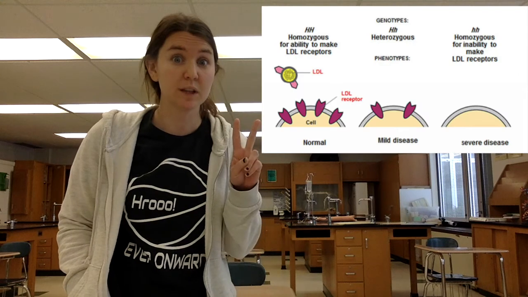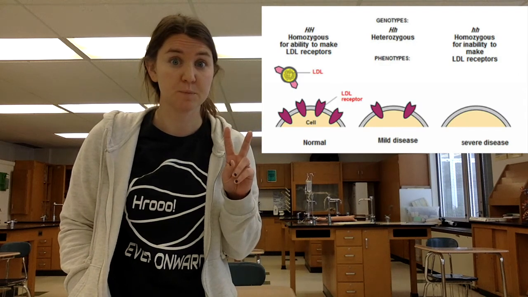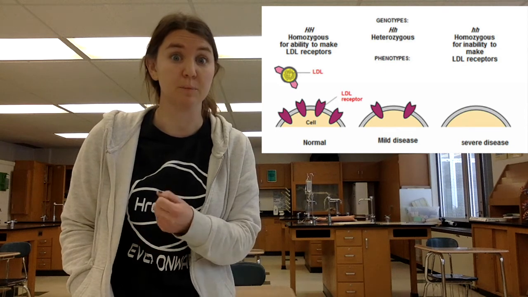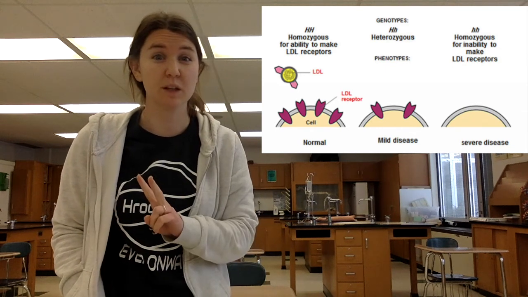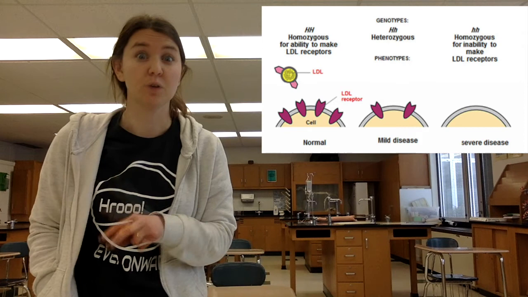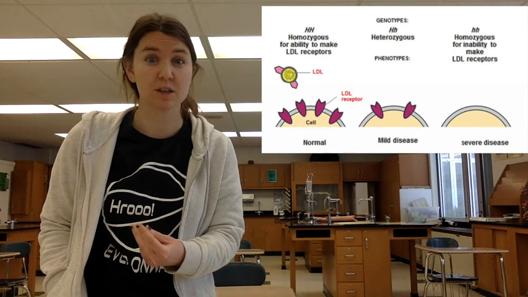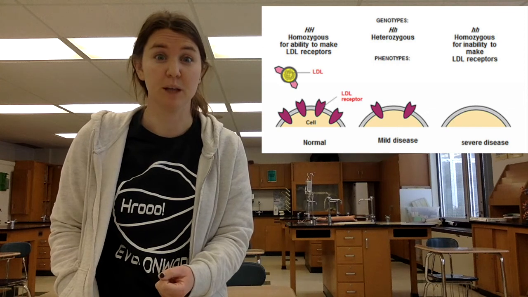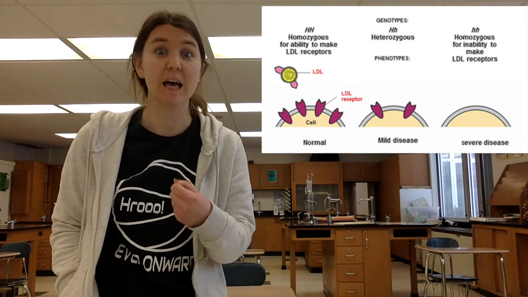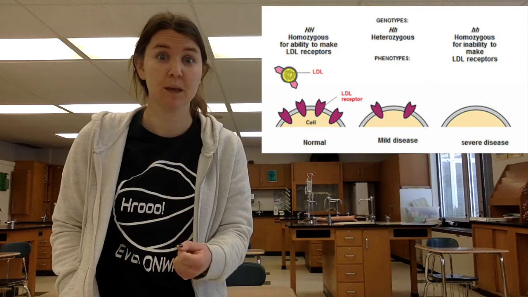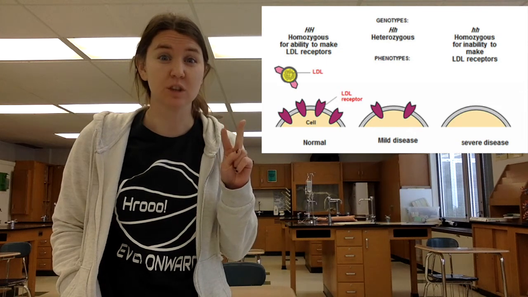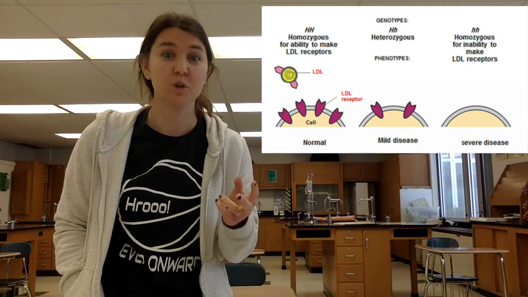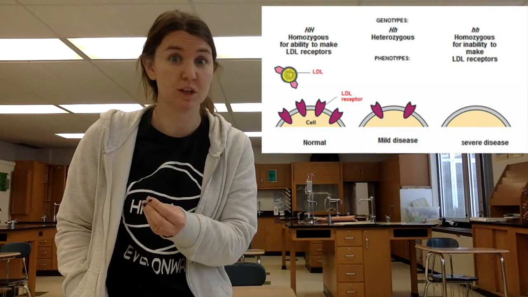So if you get two alleles that make the receptors, then your body is able to remove that cholesterol from your blood. If you have two alleles that code for not making those receptors, then your body is not removing that cholesterol from your blood, and you would have extremely high cholesterol. But if you have one of each allele, if you're heterozygous, then some receptors are going to be made.